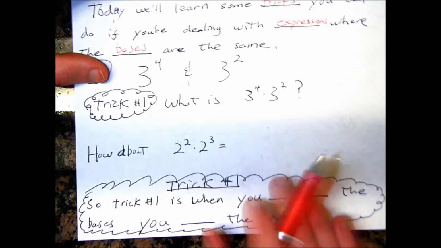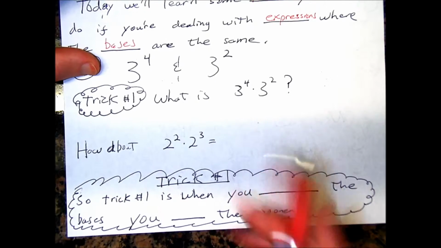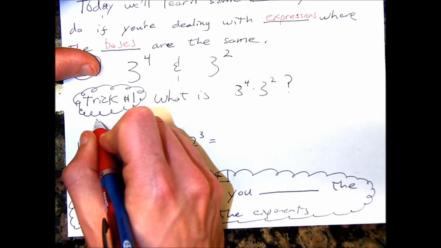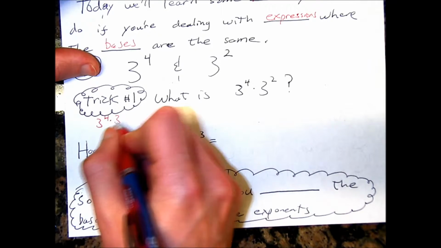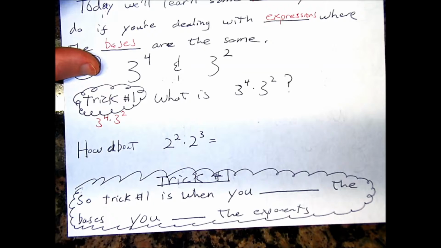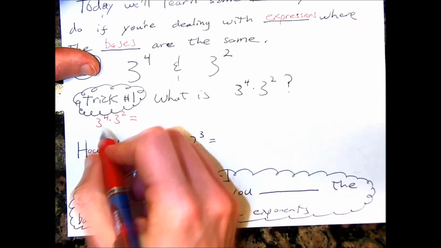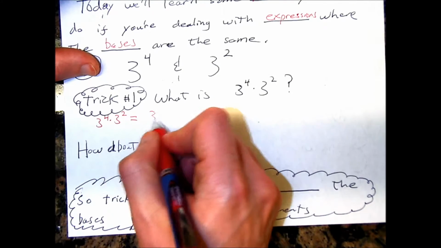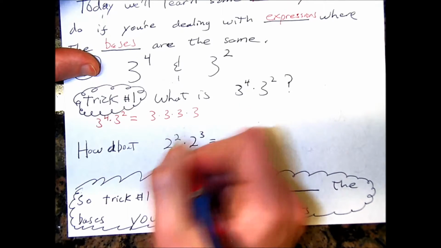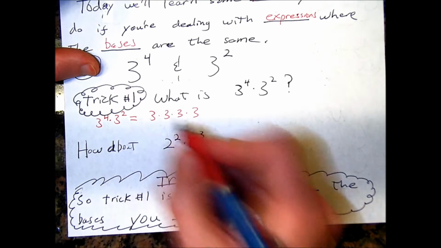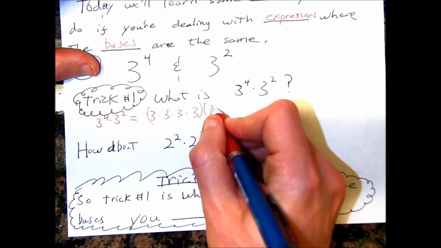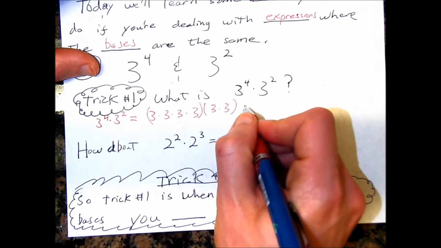What is it? Well, I can do it the long way. I can do 3 to the power of 4 times 3 to the power of 2. Right? And then how many times do I write this? 3 times 3 times 3 times 3, 4 times. And then how many times do I write the other one? 2 times, 3 times 3.